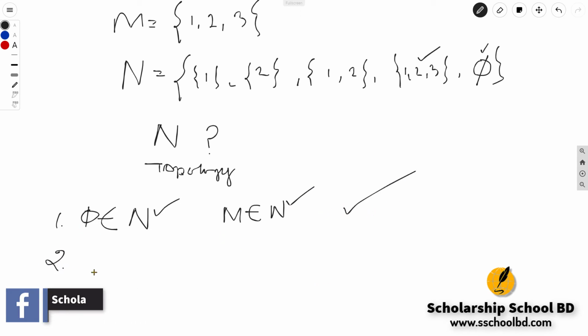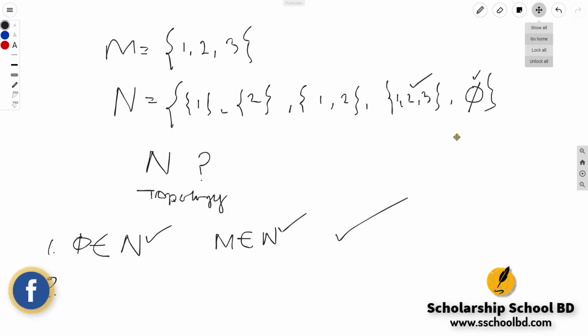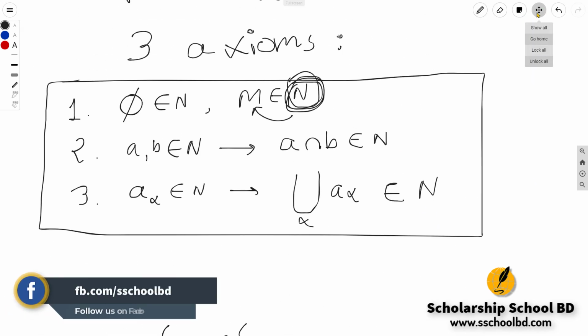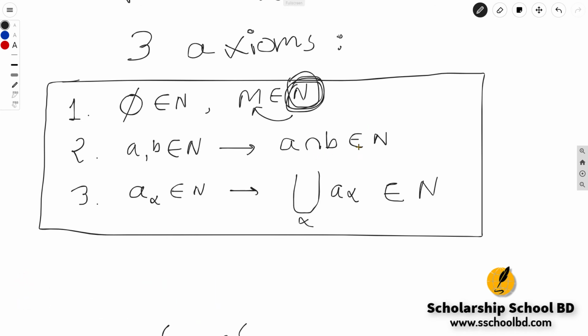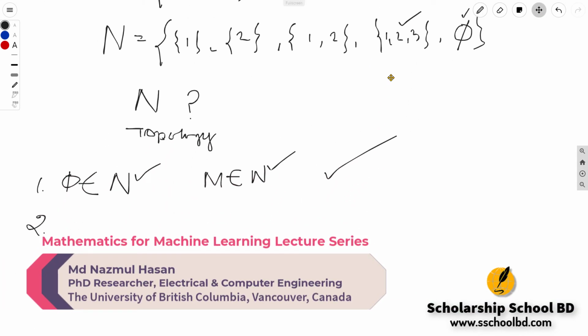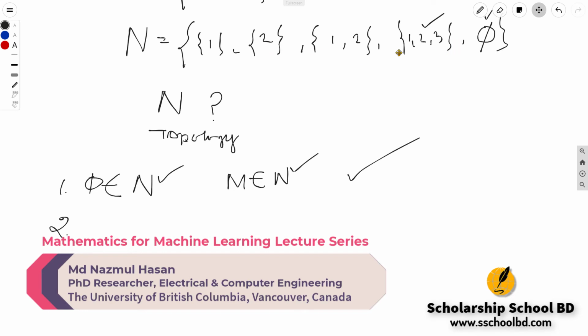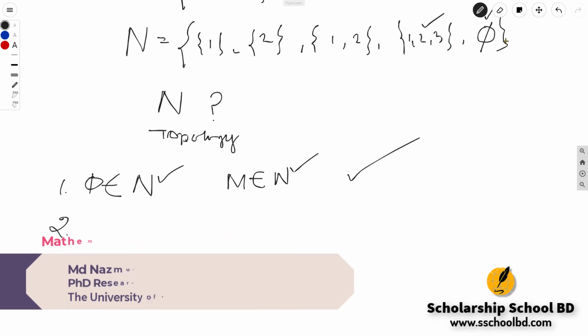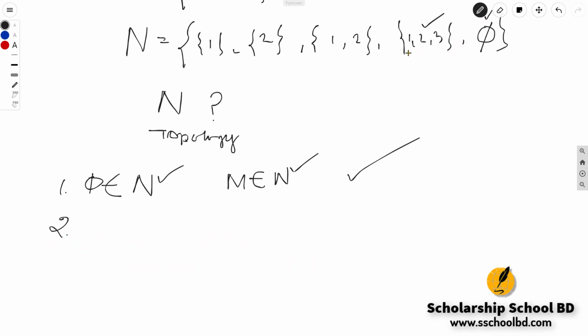Now let's come to the second axiom, which states that if I take two elements from n and take the intersection, the resultant member should also be present in n. Let's give an example. Take any two of these members from n. Let's take {1, 2, 3} and phi. If I take the intersection, what would be the result?